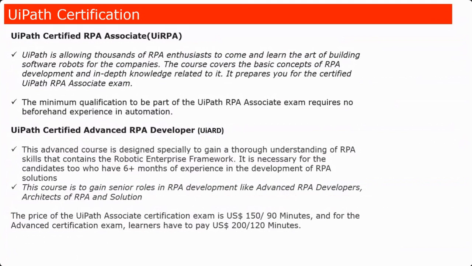And the second certification is UiPath Certified Advanced RPA Developer. The difference between these two certificates is, the first certificate is for anyone, even if you do not want to become an advanced developer. Anyone who is a process controller or who wants to learn UiPath can go and attempt the UiPath Certified RPA Associate program.